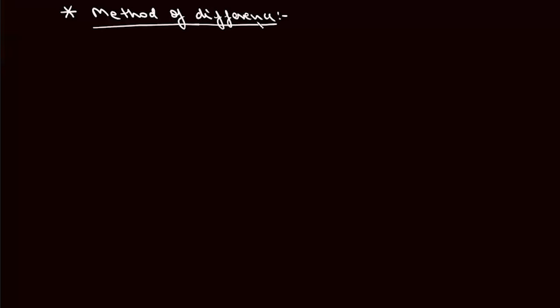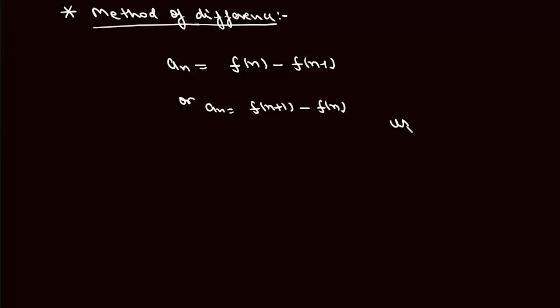So, if we have a sequence whose nth term can be expressed as fn minus fn minus 1, or maybe fn plus 1 minus fn, then this sum becomes easy using telescopic summation.